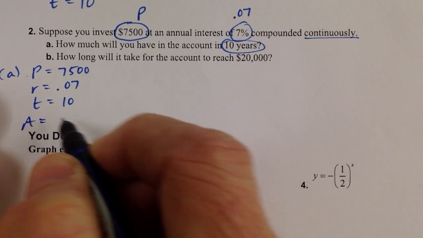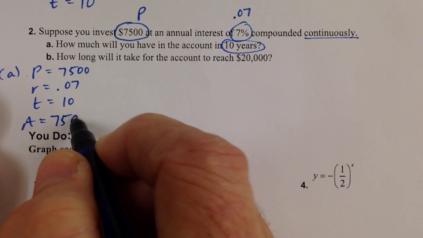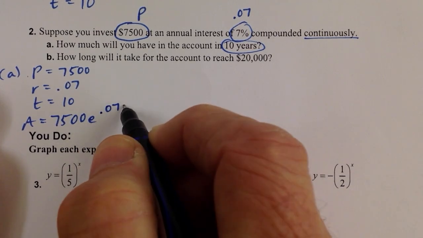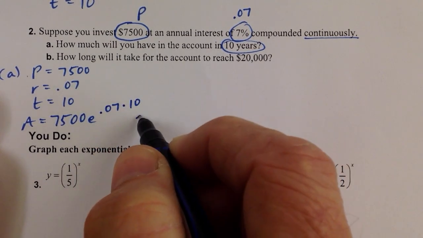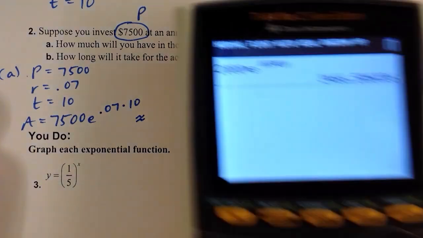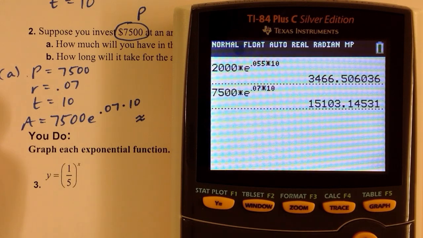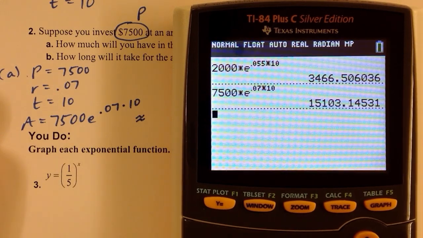And so the amount in the account, given an initial investment of 7,500, an interest rate of 7% for 10 years, typing that into the calculator, we just get 7,500 multiplied by E to the 0.07 times 10. There's no need to simplify, even though you can do 0.07 times 10 in your head, perhaps. Just go ahead and plug it in.